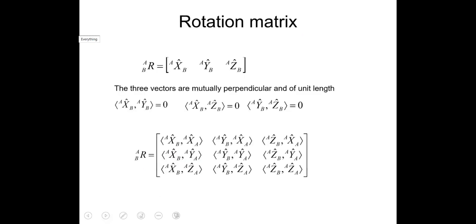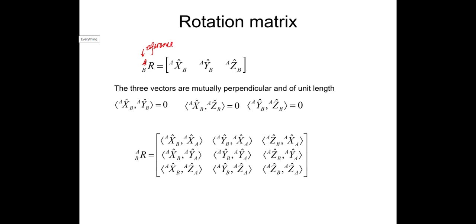So then the question is, if we want to rotate from frame A to frame B, what is the rotation matrix? How are we going to use some math modeling to understand the rotation? Here we define the rotation matrix R, A, B, where A is the reference.